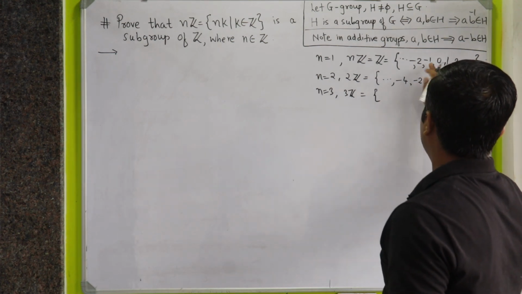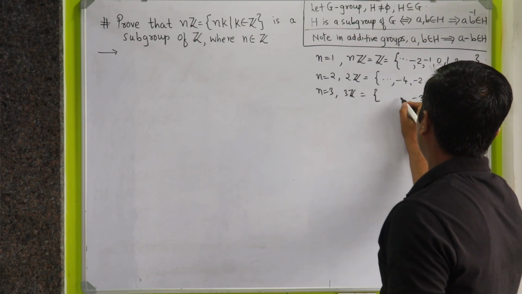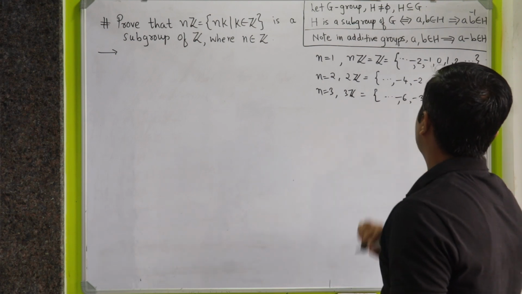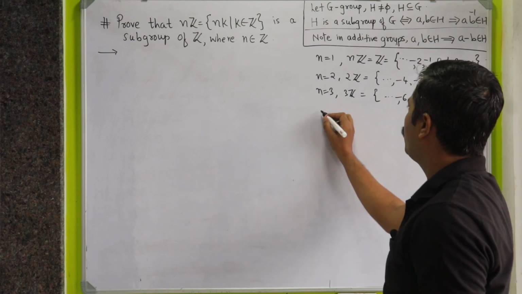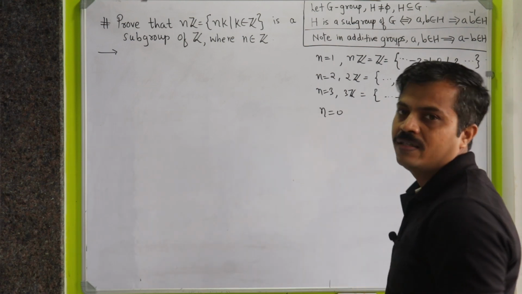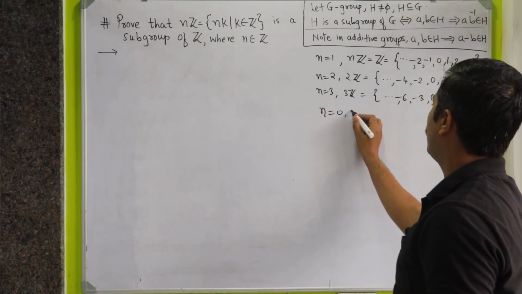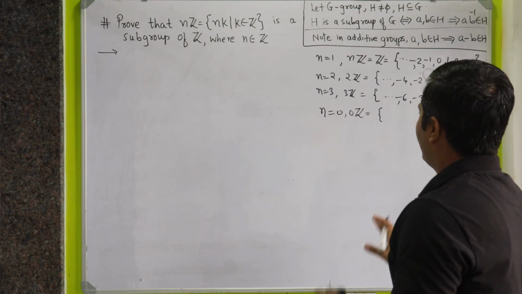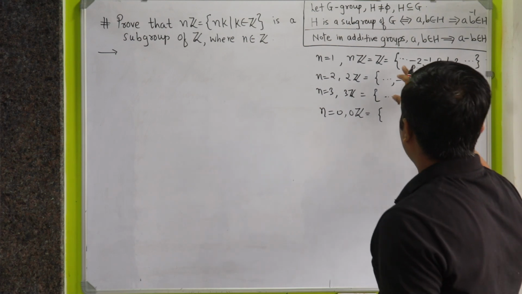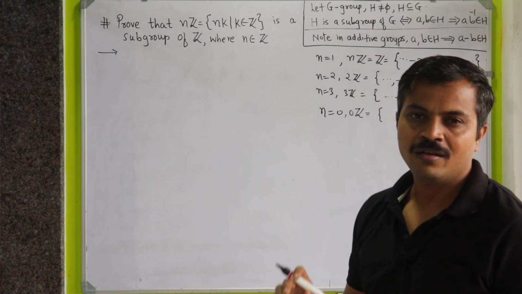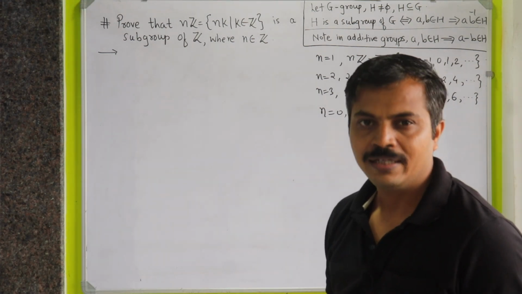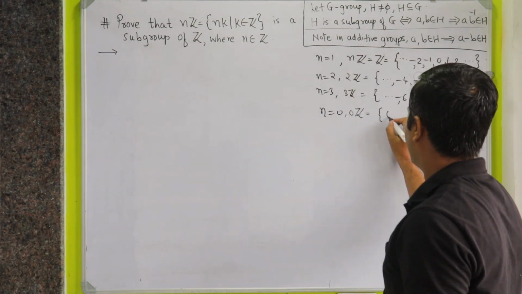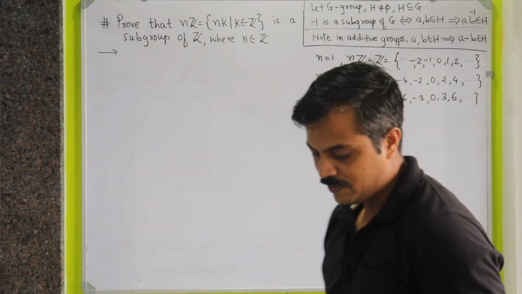On the negative side we will have minus 3, minus 6 and so on. Definitely you can have the value of n to be 0 as well. In that case we will have 0Z. So, what will be my 0Z? In other words, we have to multiply each element of Z by 0. Ultimately we will get 0 only, that is nothing but the singleton 0.